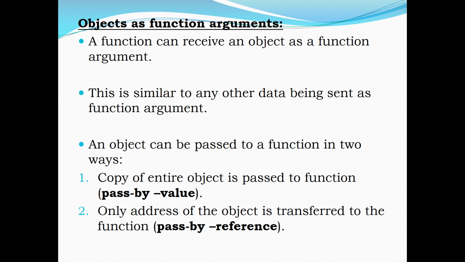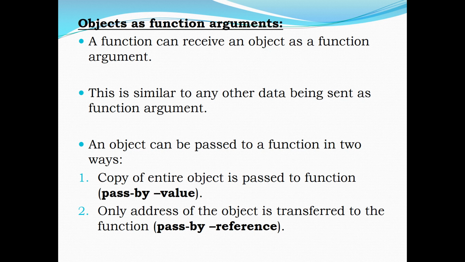In the C++ programming language, we can also pass an object as an argument within the member function of a class. This is useful when we want to initialize all the data members of an object within another object.